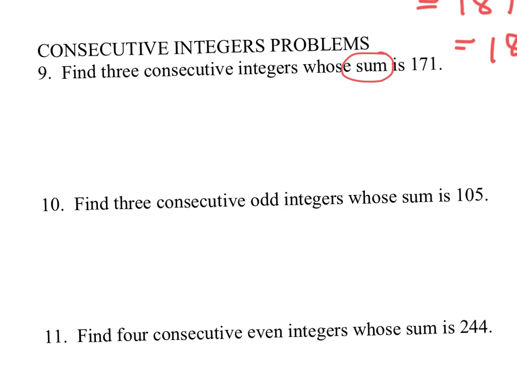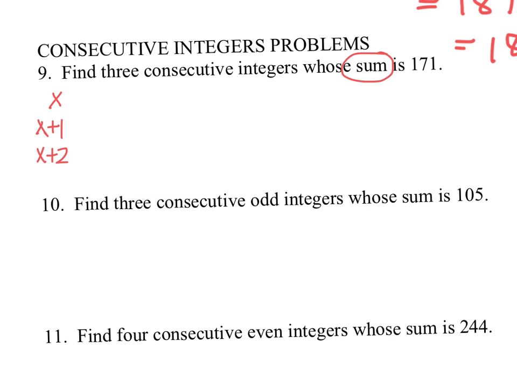When we don't know numbers in math, we use x to represent it. So our first number is x. Well, the next number that comes after x is just x plus 1, one more than the number before it. The next number after that would be x plus 2, 2 numbers after the starting number.